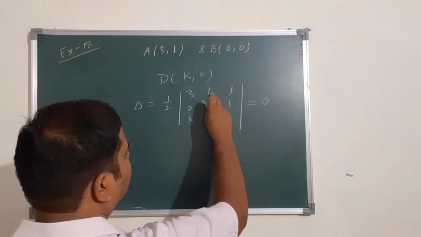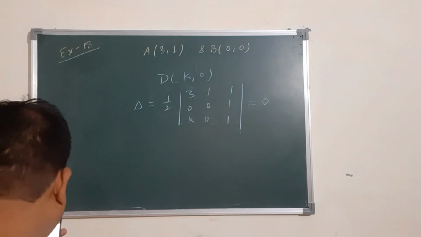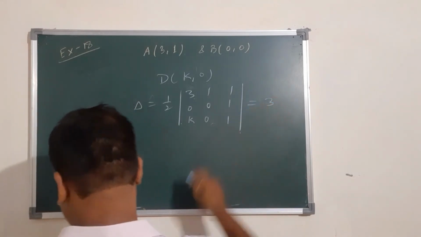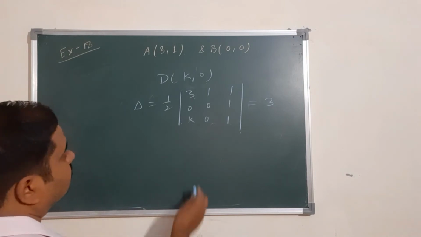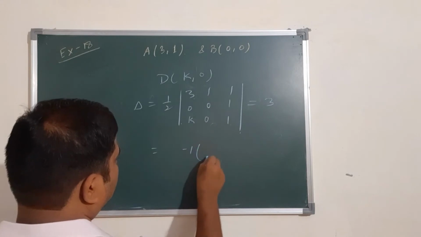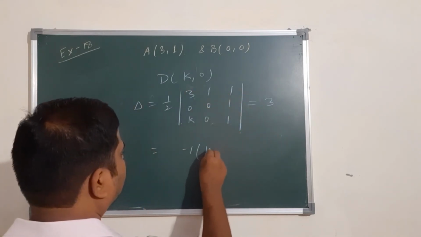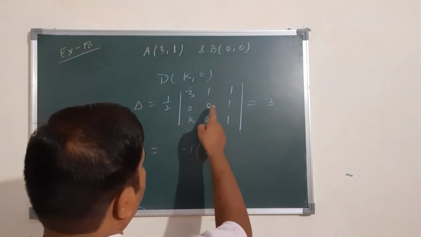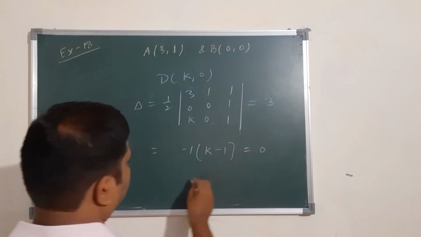Expanding from this particular column, we get minus 1, and leaving this row and this column, k minus 1 is equal to 3.